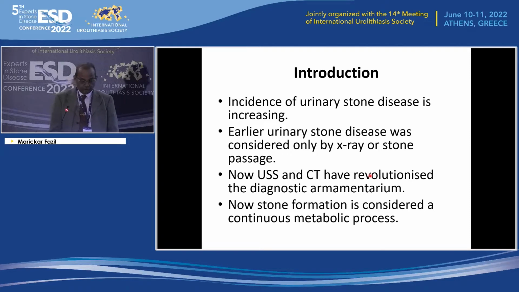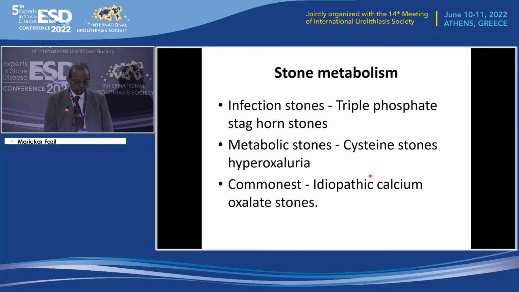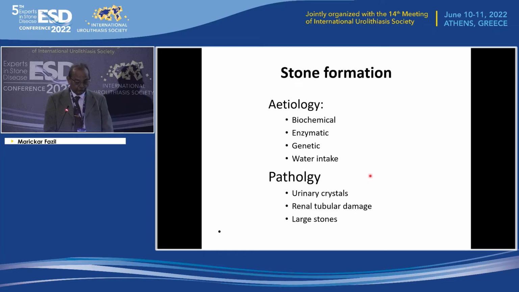Earlier we had only X-rays, but now we have more revolutionized investigating mechanisms, and microstones are recognized in the kidney. The stone metabolism is probably different in the different types of stones: the triple phosphate staghorns, the metabolic stones, cystine stones, but most commonly we are dealing with the idiopathic calcium oxalate stones.